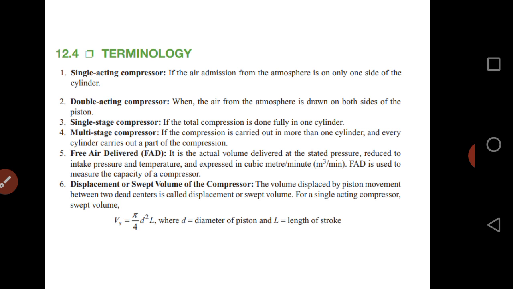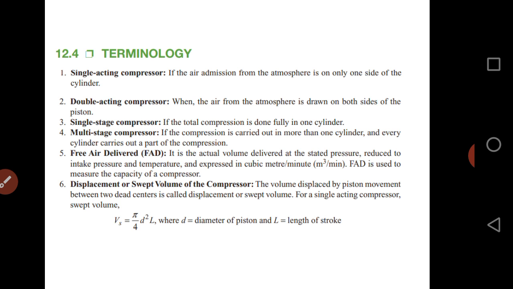So now there are two terminologies we have discussed: intake pressure and discharge pressure. Then the ratio of these two pressures is called the compression ratio or pressure ratio. The ratio of discharge pressure to the intake pressure we call the compression ratio. So three parameters we have discussed: intake pressure, discharge pressure, and compression ratio.